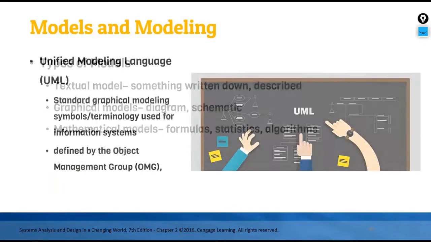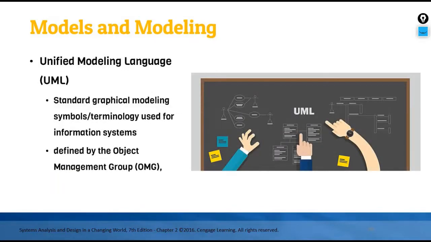So many graphical models used in system development are drawn according to the notation specified by the Unified Modeling Language, or UML.